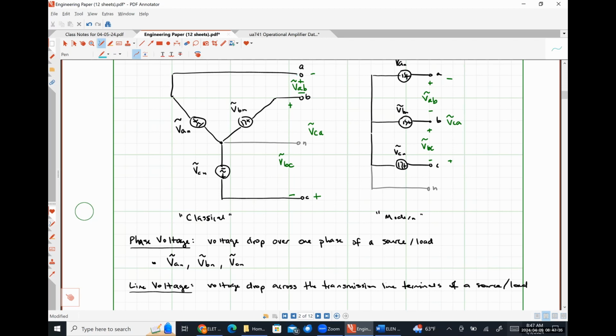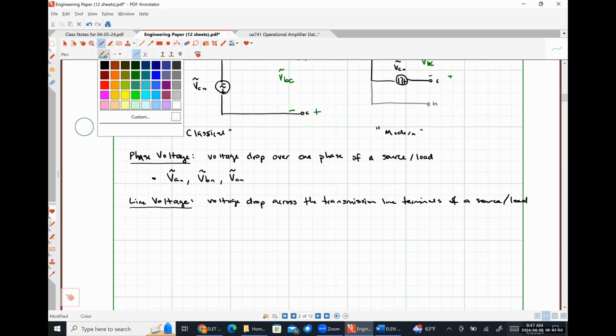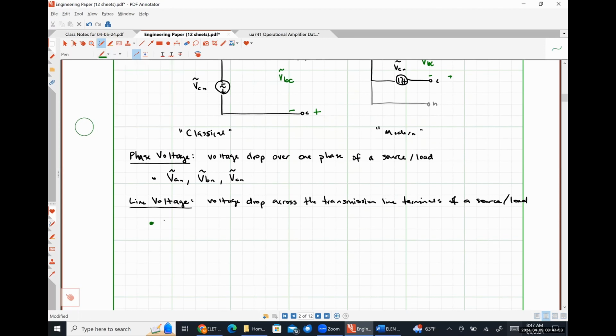So I'm going to do a little bit of math earlier than I intended to, but that's perfectly okay. Let me write things here really quickly. So this is VAB, VBC, and VCA. Now I'm going to put a line here because this is technically an aside, but we're going to take care of it now.